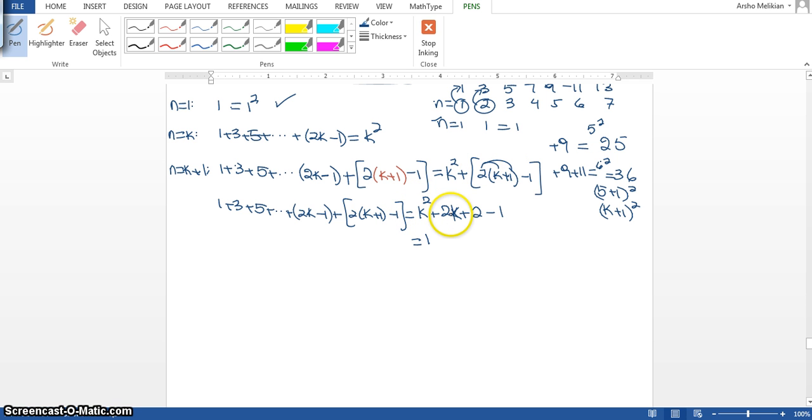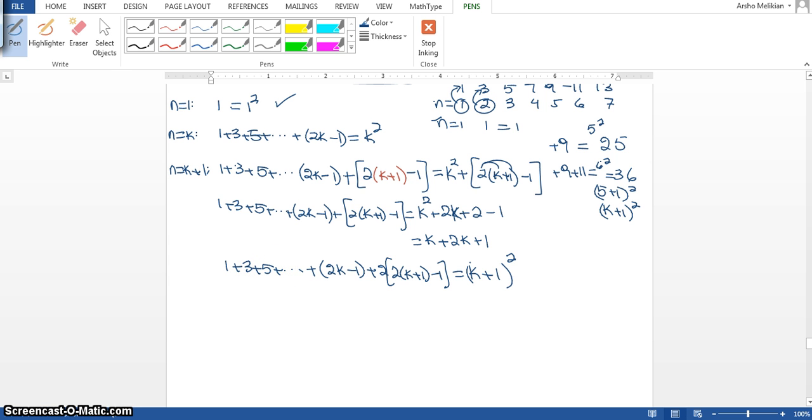Now this will be k plus 2k plus 1. Okay? So finally, if I copy all this over, 1 plus 3 plus 5 plus dot dot dot 2k minus 1 plus 2 times 2k plus 1 minus 1 is equal to, what happens if I factor this?